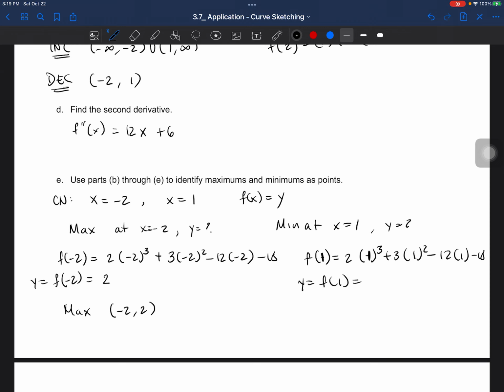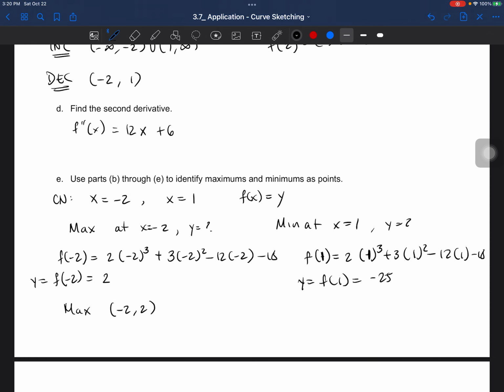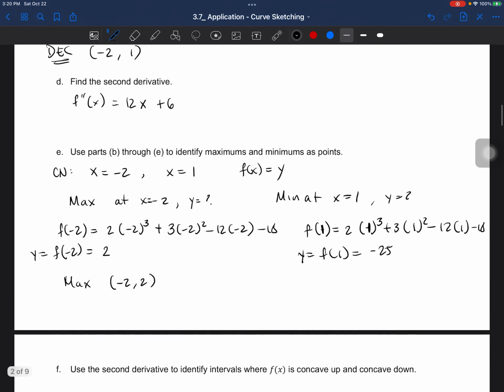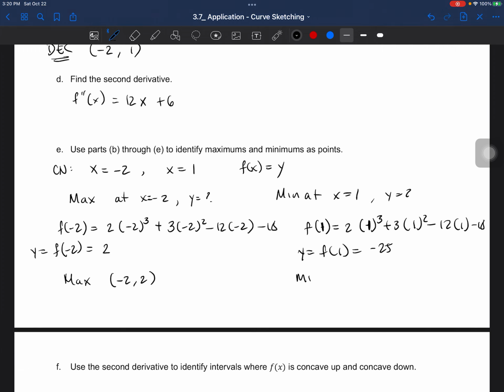Let me double check my number. Minus 12 times 1 minus 18.